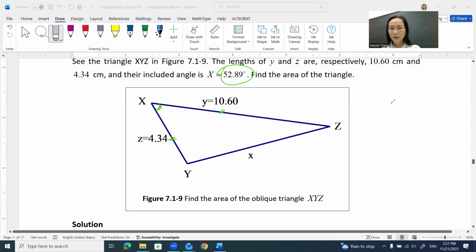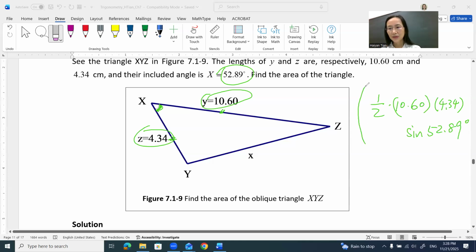Yes, by the area formula, it is half of the product of the two side lengths: 10.60 times 4.34, then times the sine of this angle, 52.89 degrees.